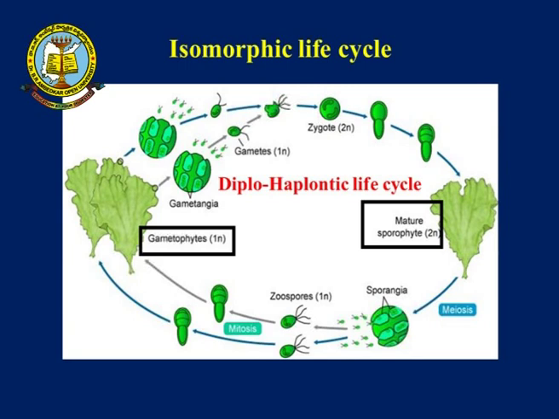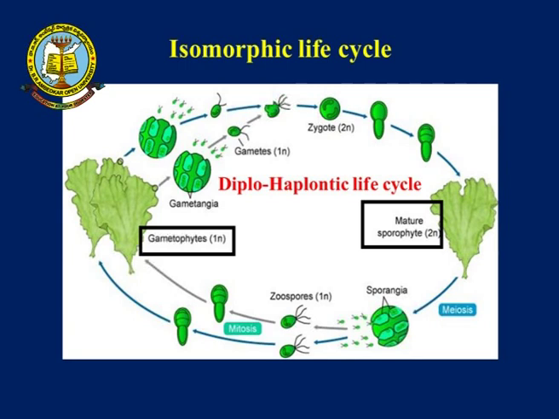Before formation of zoospores, it undergoes meiotic division. As a result, haploid spores are formed. These haploid spores develop into the haploid gametophytic thallus. On the gametophytic thallus, male gametangium and female gametangium develop.